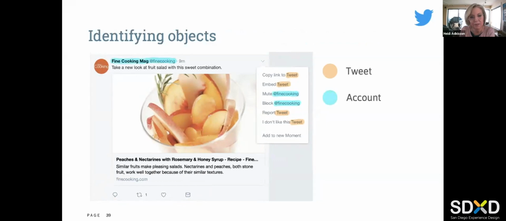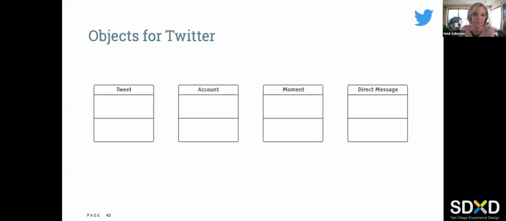Another noun is account, and in this case, it's represented by the presence of the account name. There's also something called a moment. And finally, there's an icon here to send a direct message, so direct message is another object I can identify here. And so here are the objects we've identified so far for Twitter: tweet, account, moment, and direct message.